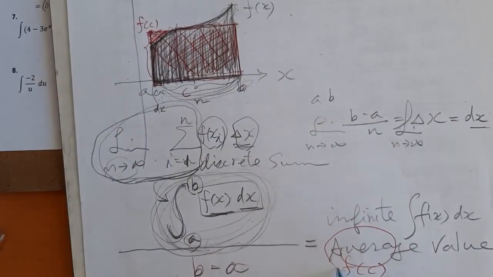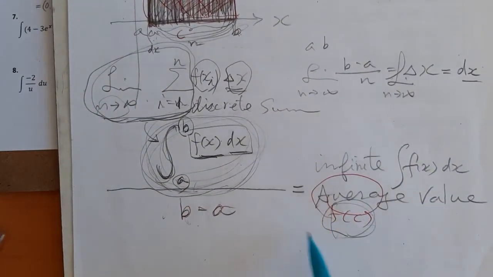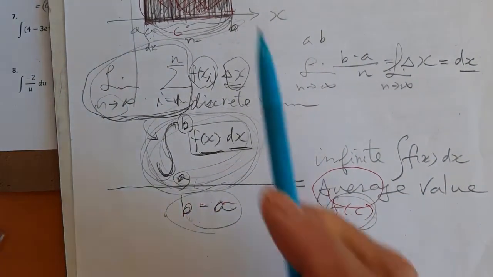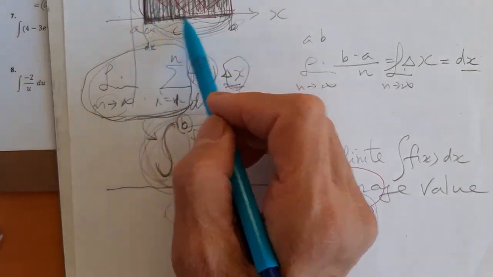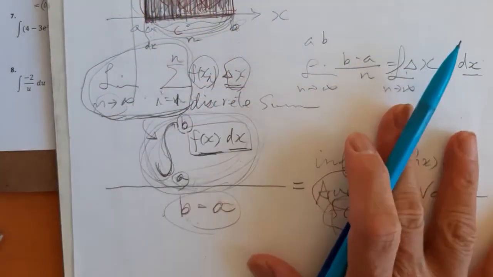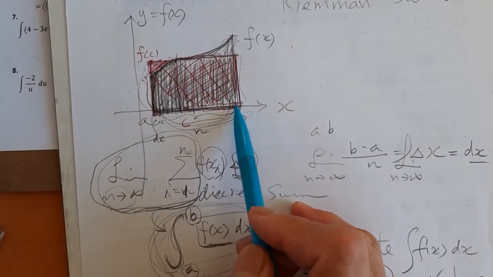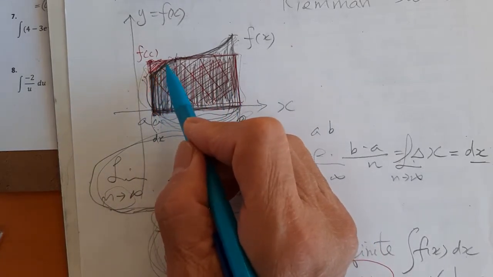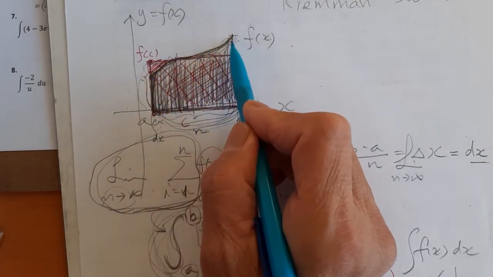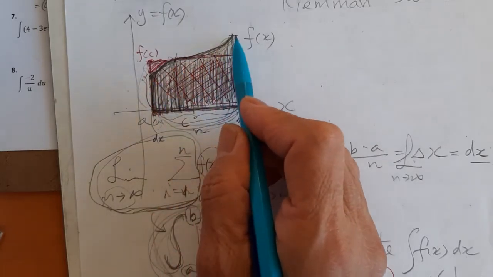So this average value times b minus a is going to be this rectangle area. And this rectangle area is equal to the area under the function curve. The two areas are equal.